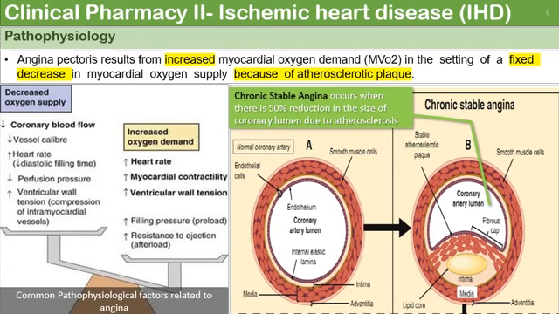Also, in the case of pulmonary embolism, the amount of oxygen transported by blood from the lung back to the myocardium is very low. In the case of carbon monoxide toxicity, all these conditions are related to a decrease in the amount of oxygen supplied to the myocardium.